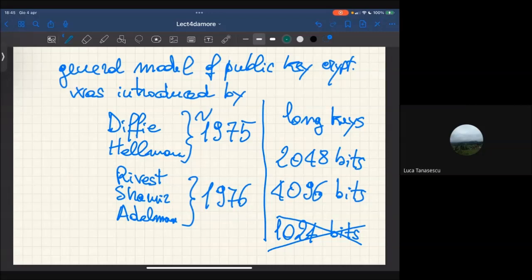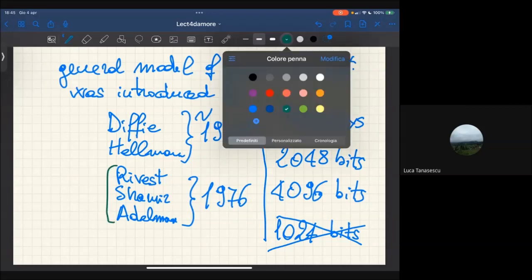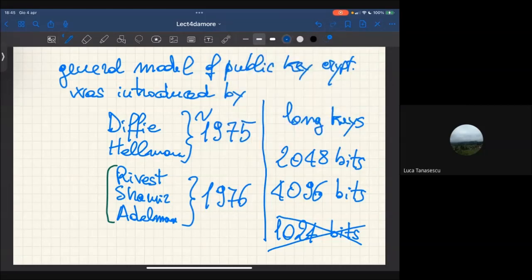And their approach is known as an algorithm called RSA.